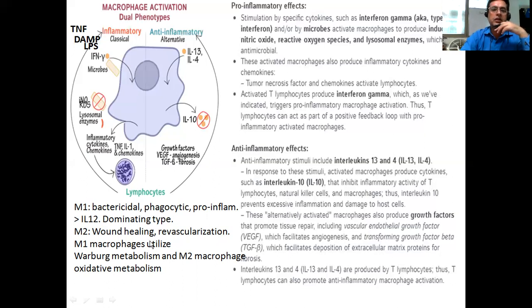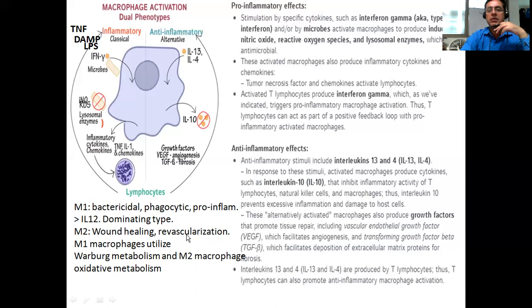This type of phenotype, this type of activation will be required, or you would desire the macrophage to take part in this particular process. So wound healing or revascularization: if some of the tissues are damaged, the vessels are damaged, then these macrophages, which are activated alternatively, can bring about this revascularization, making of the vessels, or re-epithelialization.